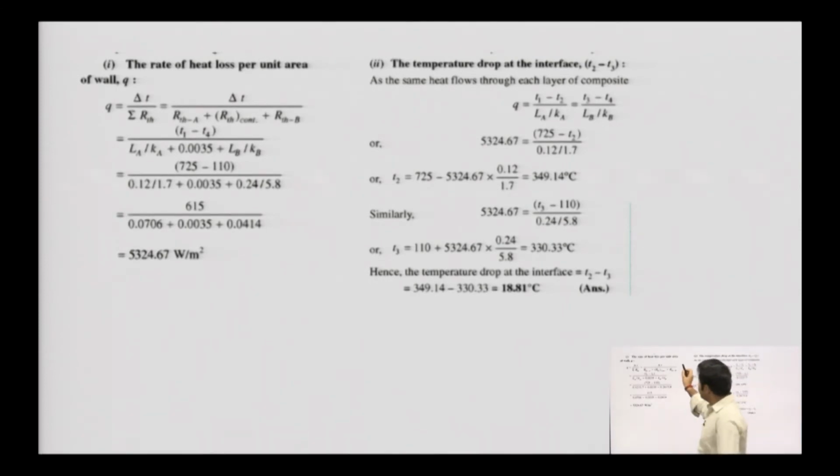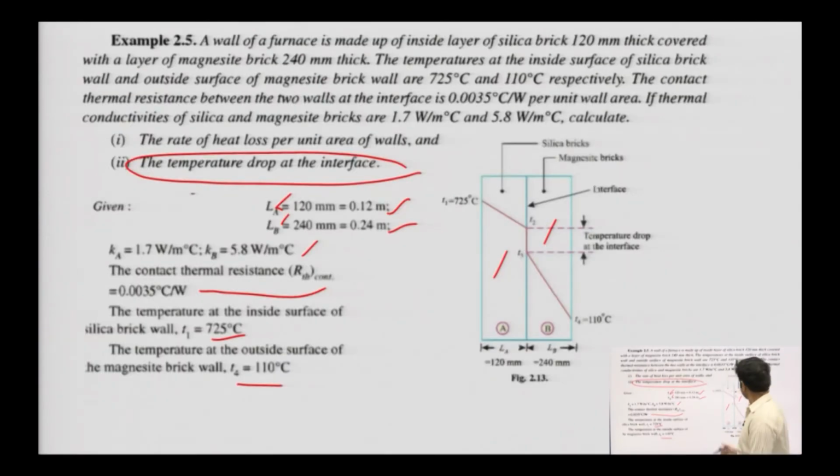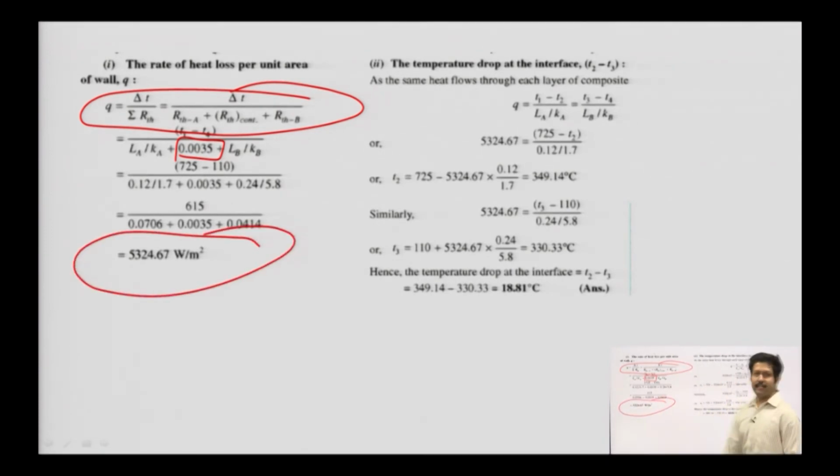So Q is delta T by summation of RTH. So it will be RTHA plus R thermal of the contact plus RTH of B, and R thermal of the contact is actually given here in the numerical. So just solve it and calculate the Q. Everything is given, just solve it and get the Q.